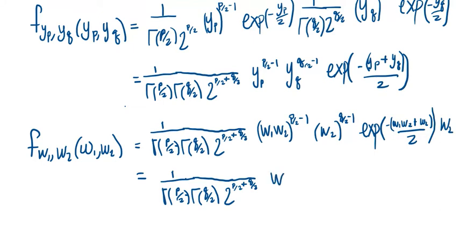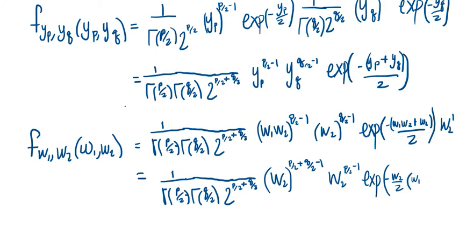So then W2 to the power of p over 2 plus q over 2 minus 1. So this is to the power of 1, so one of these negative ones cancels out. Then we have W1 to the power of p over 2 minus 1, e to the power of negative W2 over 2, W1 plus 1.